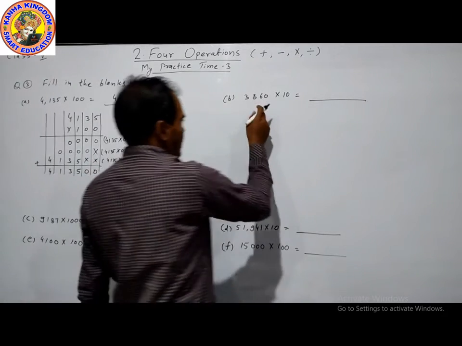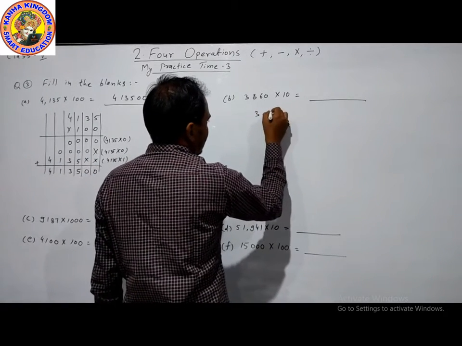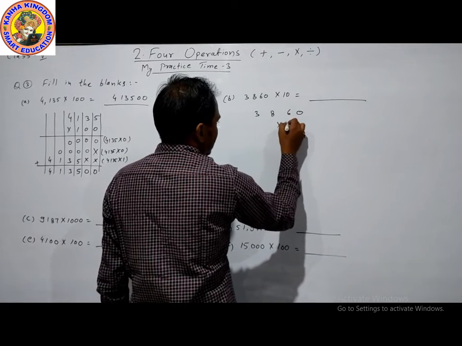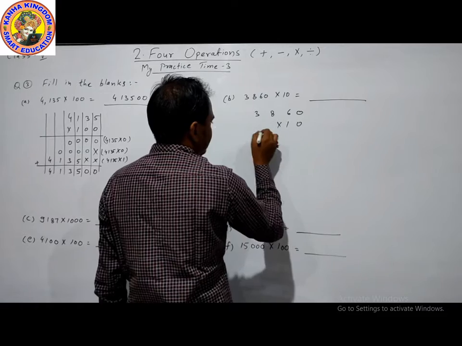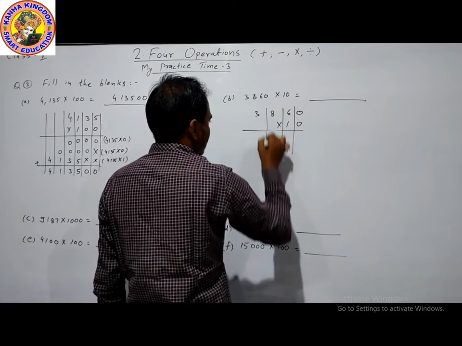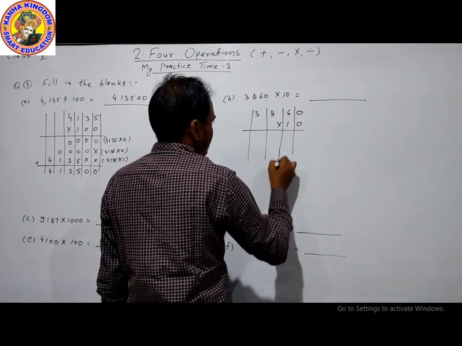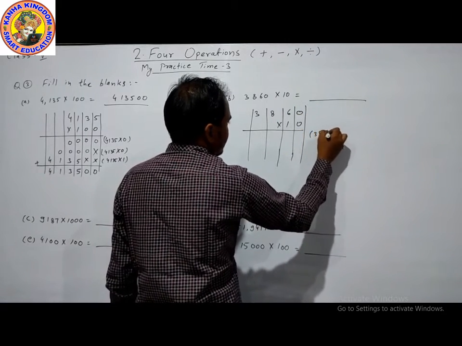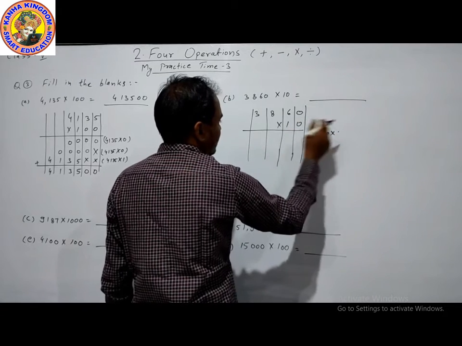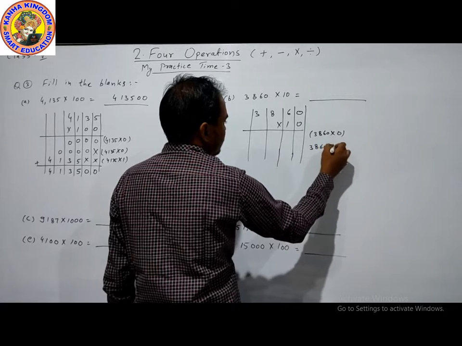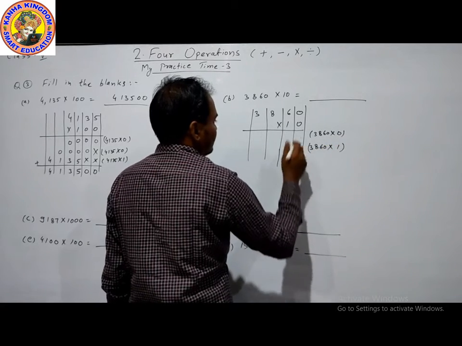The next one, 3860 multiply by 10. 3860 will multiply the first digit 0 and then 3860 will multiply by 1.